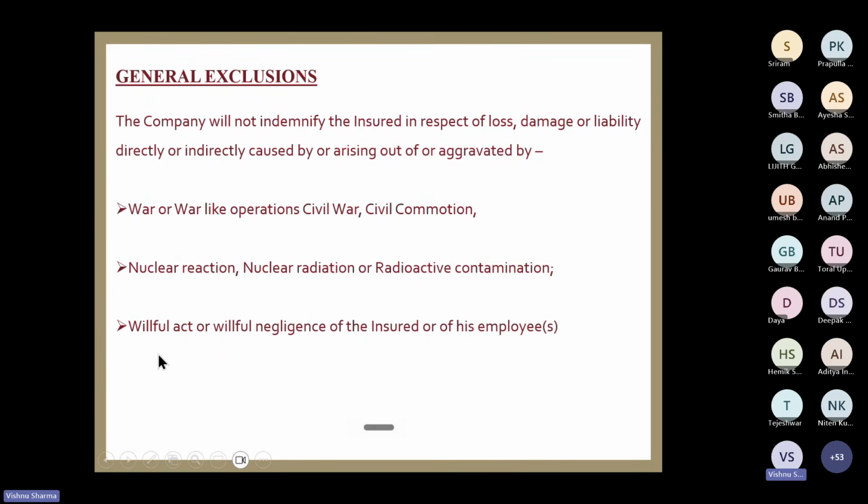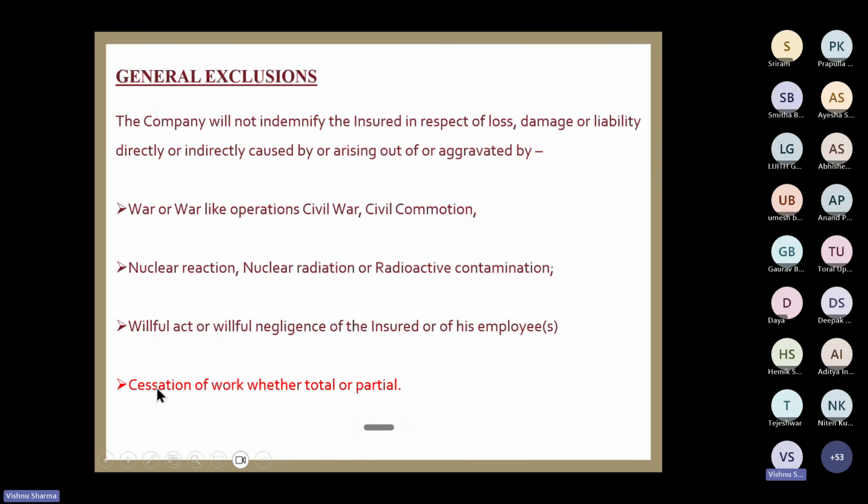If the negligence is found to be willful negligence or willful act, these things are not paid. Normal negligence or normal act, omission, is covered under the policy. I'll give a few examples of willful negligence and willful act also.